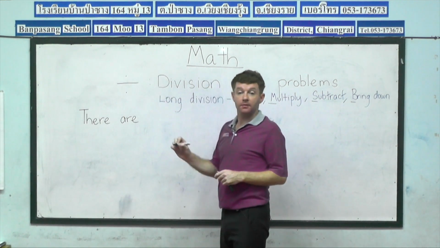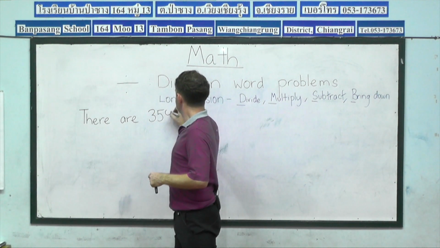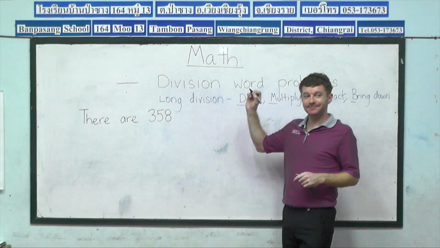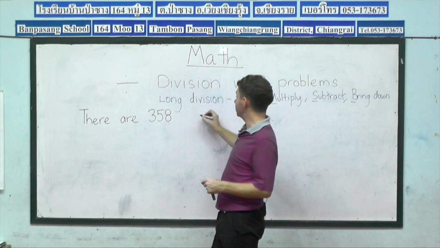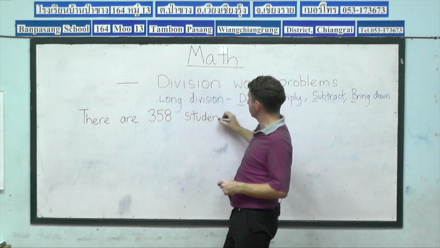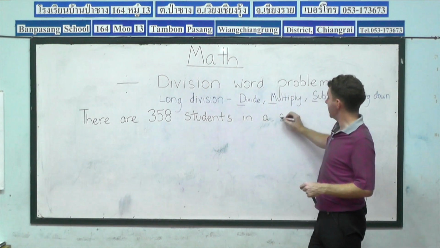There are how many? 358 students in a school.